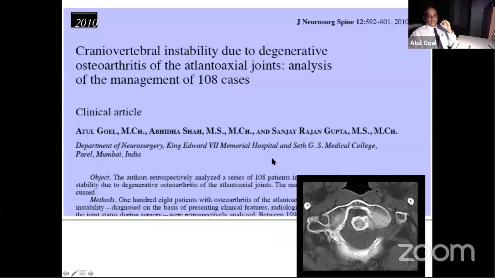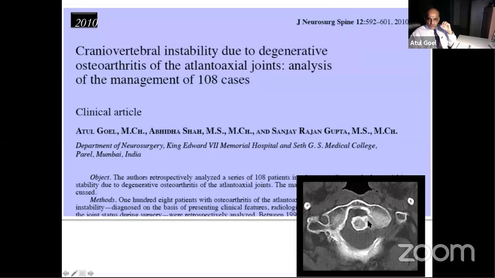Craniovertebral junction instability has never been studied. And this was my article in the year 2010, where I studied the craniovertebral junction and presented my work in 108 cases. And I introduced several revolutionary concepts in craniovertebral instability due to degenerative osteoarthritis.